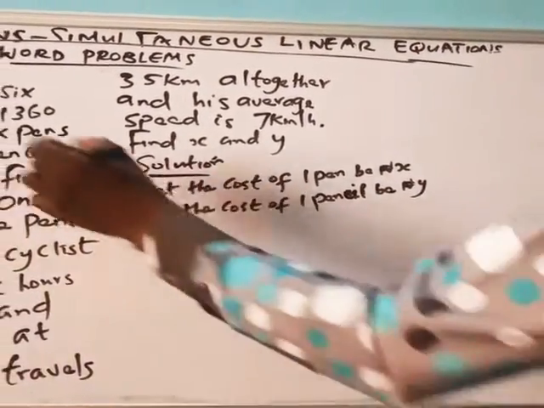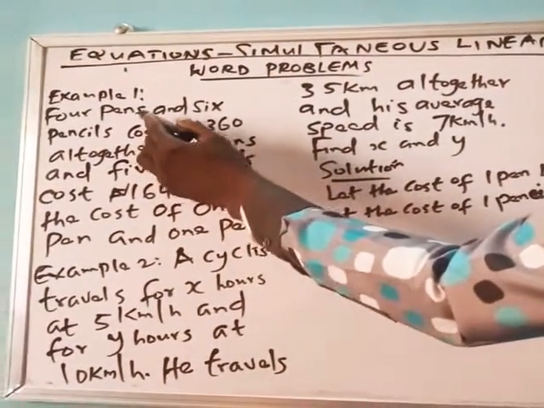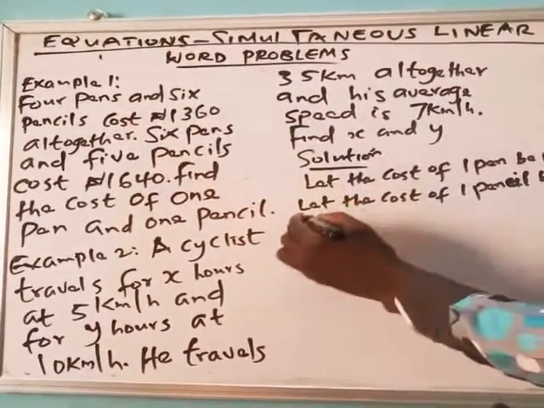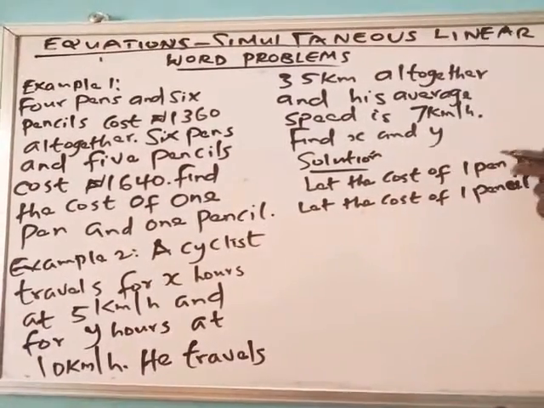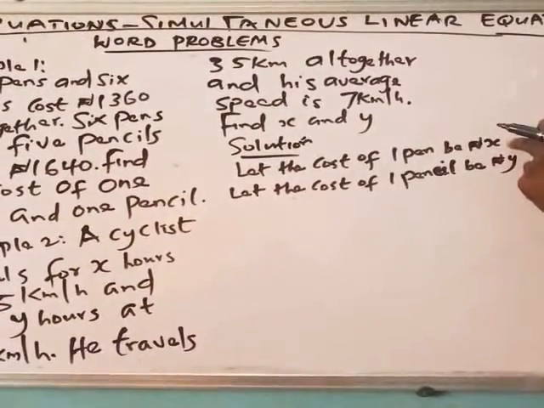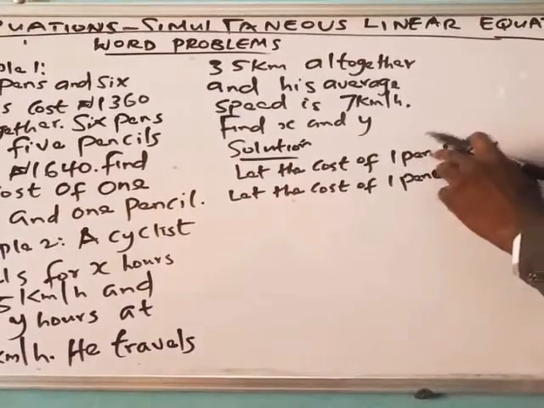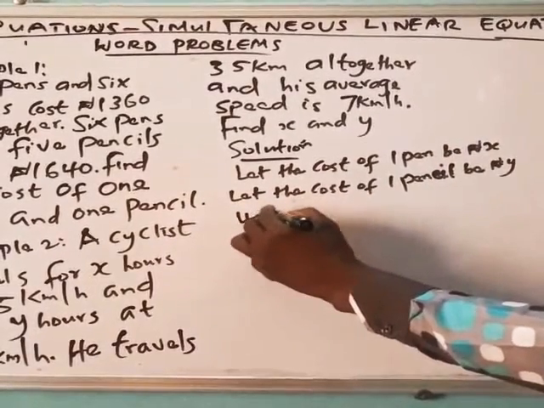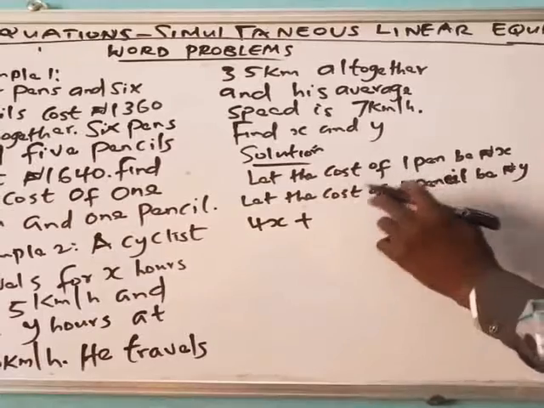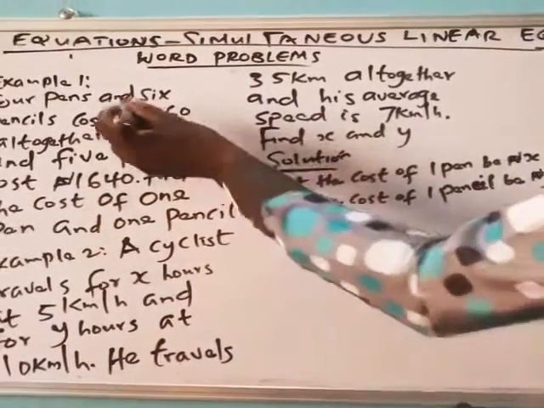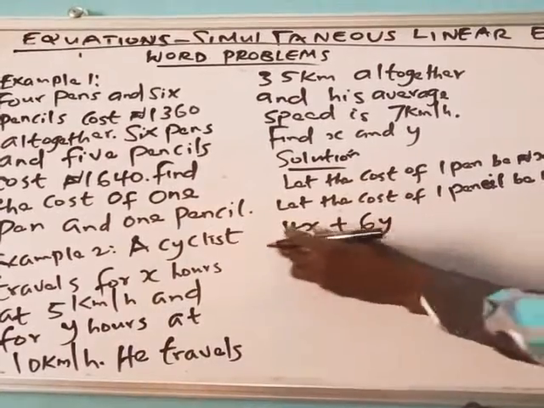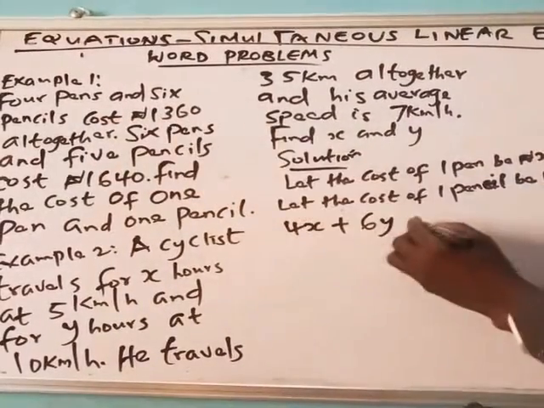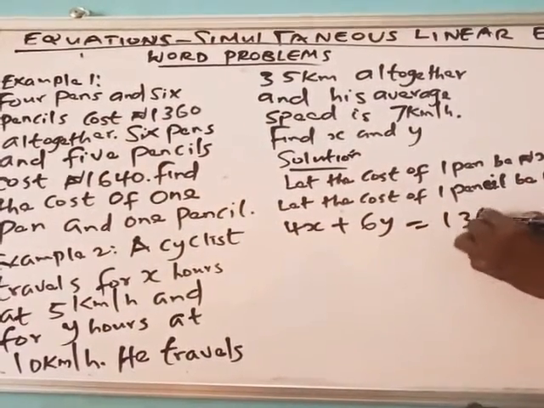So now 4 pens and 6 pencils: if the cost of 1 pen is X naira, the cost of 4 pens will be 4 times X, that will be 4X naira, plus the cost of 1 pencil is Y naira, so the cost of 6 pencils will be 6Y naira. Total, that's all together, is cost 1,360 naira.